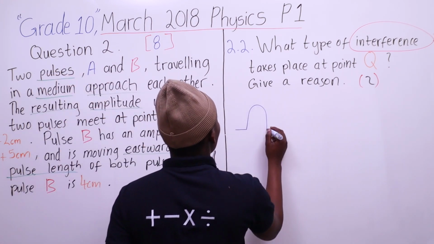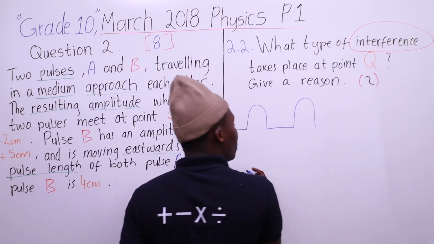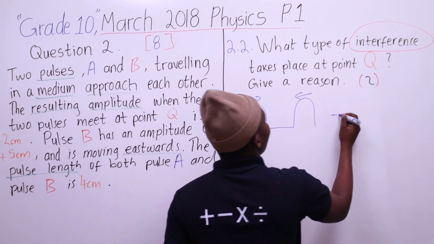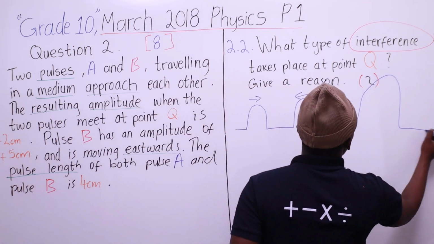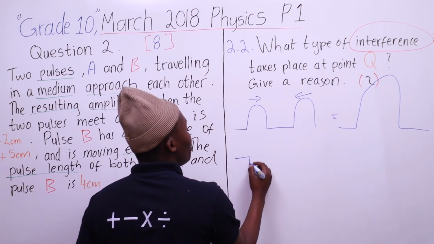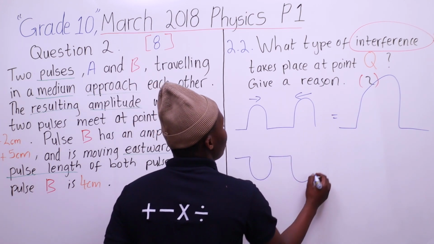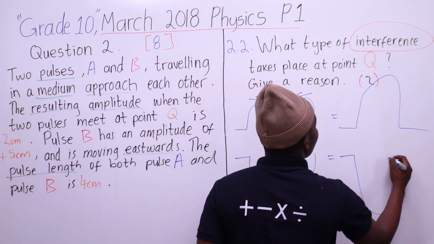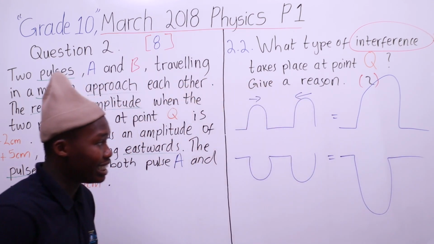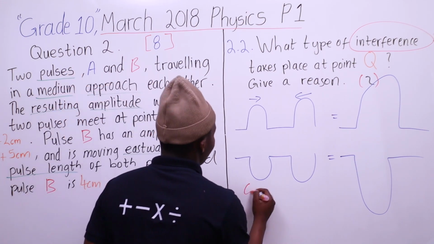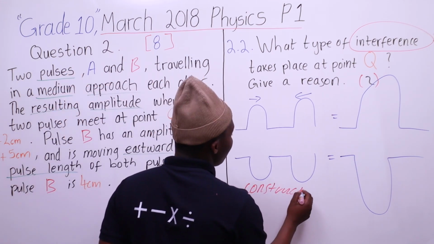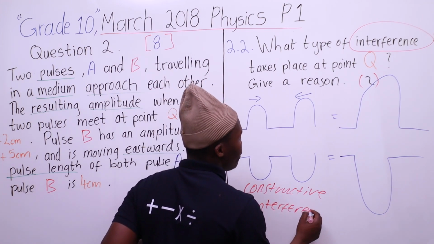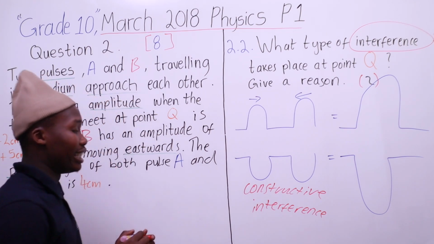For example, if there is a crest here plus a crest here, when they meet they will produce one big crest. Or if two troughs meet, they will produce one big trough. That is constructive interference. It is when 2 pulses meet and they result in a larger pulse.